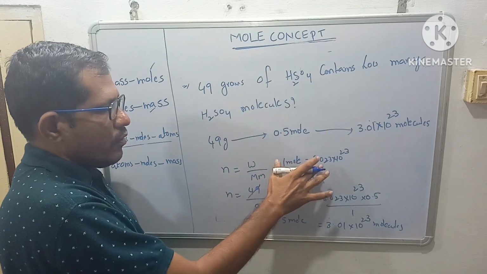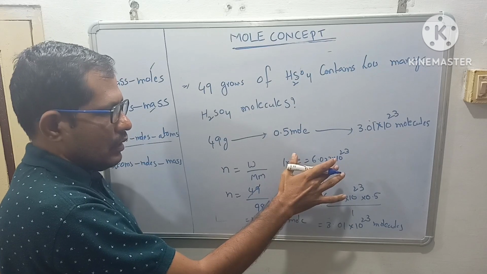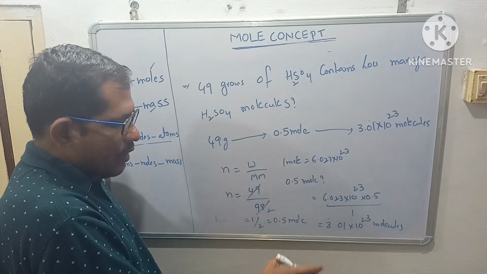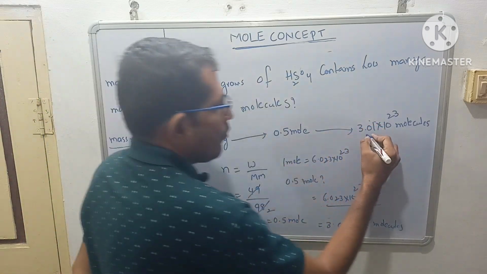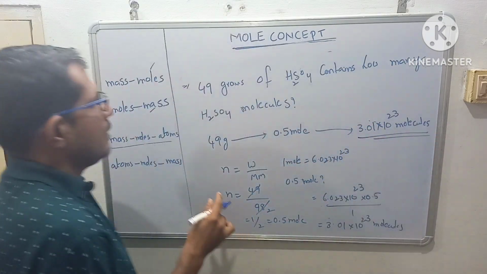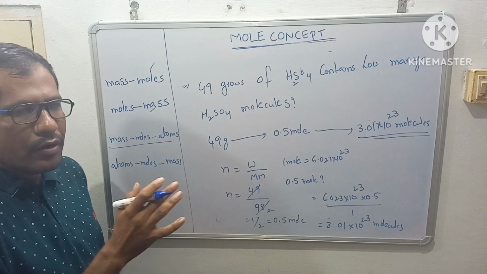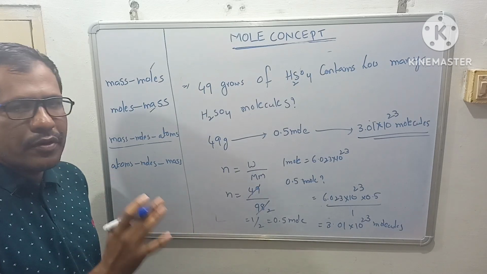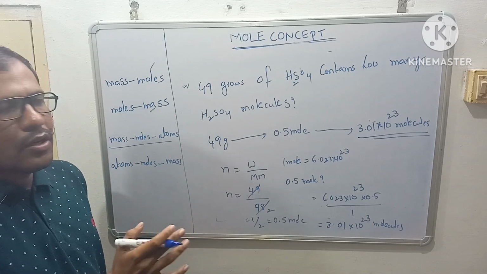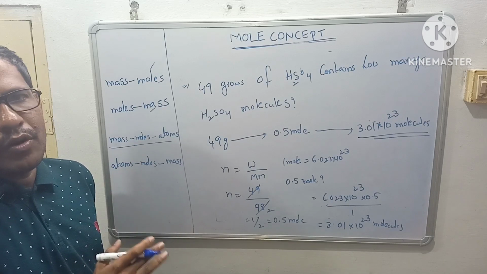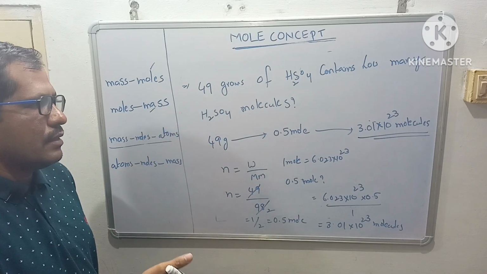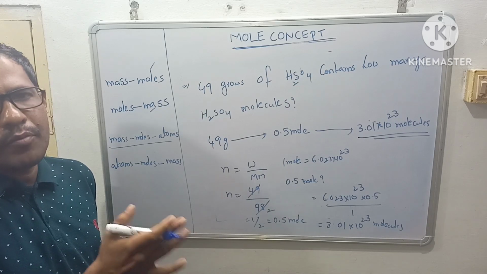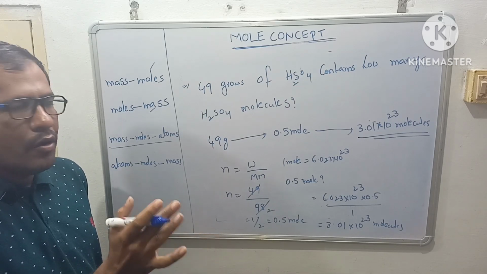I know 1 mole equal to 6.023 into 10 power 23. So for 0.5 mole it is coming 3.01 into 10 power 23 molecules. So I can say 49 grams of H2SO4 contains 3.01 into 10 power 23 H2SO4 molecules.